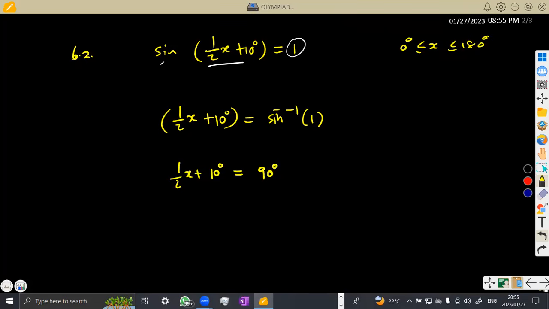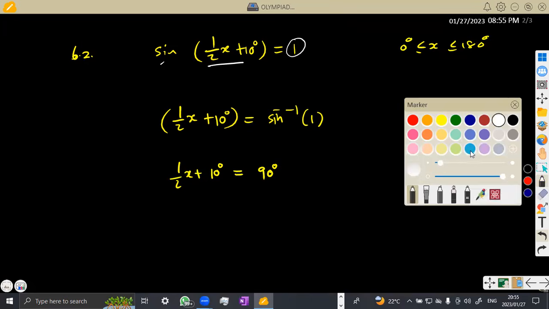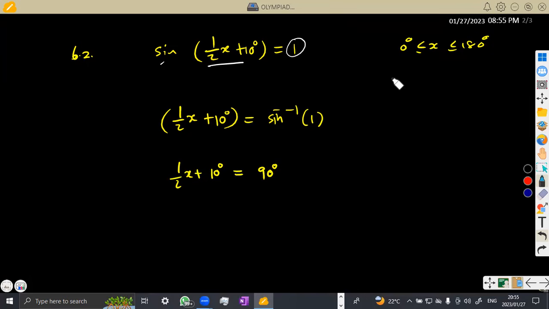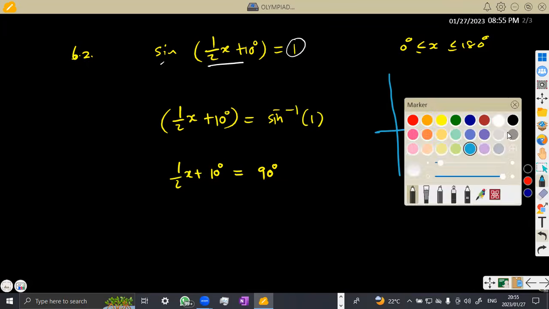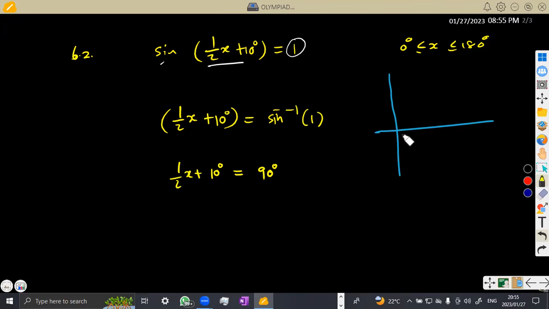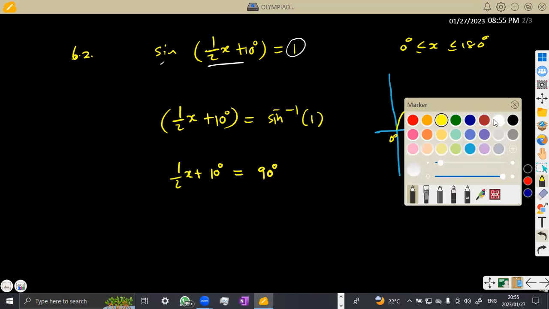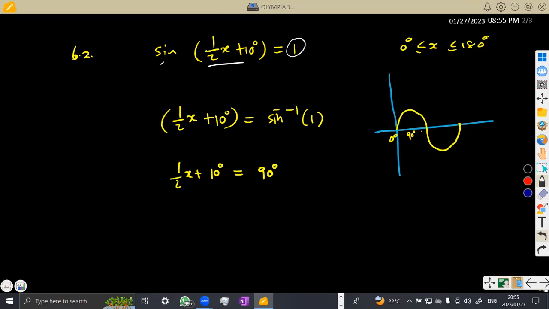So take note, even you can obtain this answer from the normal sine wave, because this is the graph of sine. So we know that from the graph of sine, where sine is equivalent to 1, this is the graph of sine that we have. So let me just draw first.